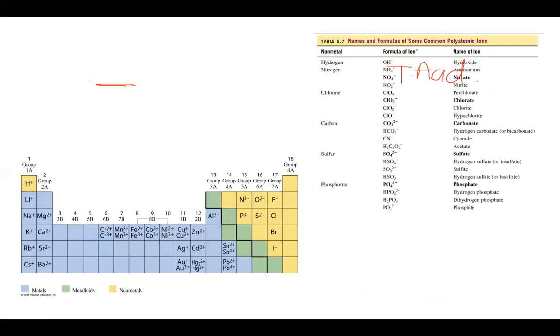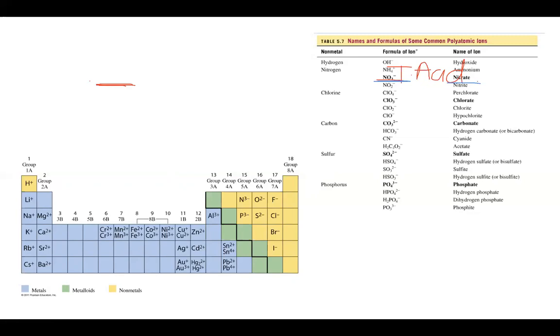So if I go to my chart, let's search for NO3. It's here at the top. Here we have it, with blue. And it's nitrate. So it ends in ate.